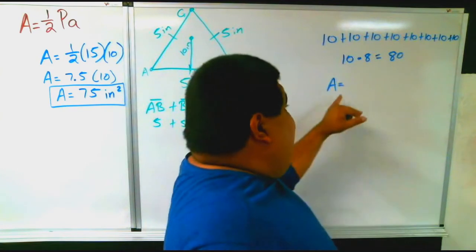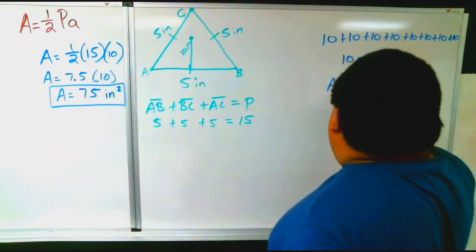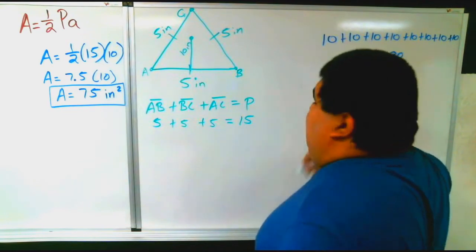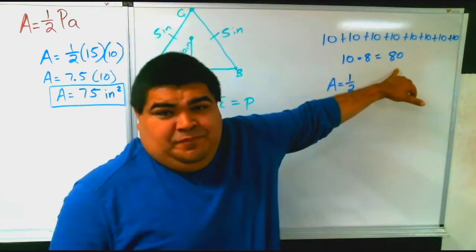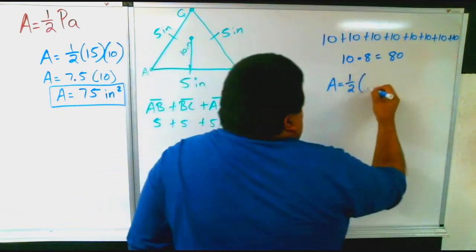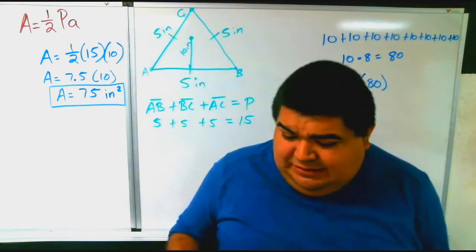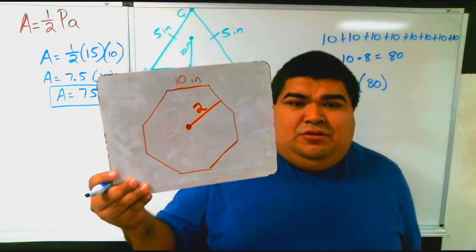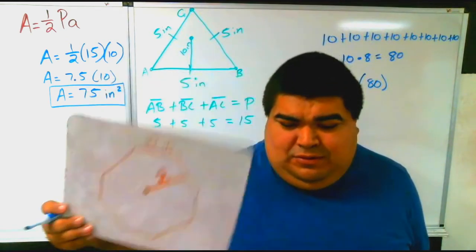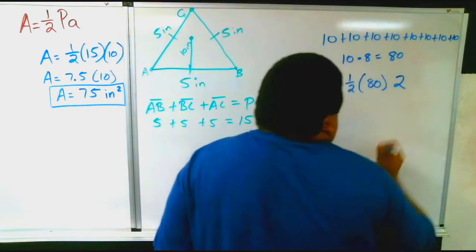So we have the area equals 1/2 times our perimeter, which we already have, right? It's 80. So times 80 times our apothem, which in this case, if you remember, on our shape is 2.